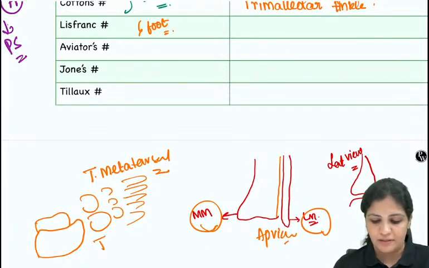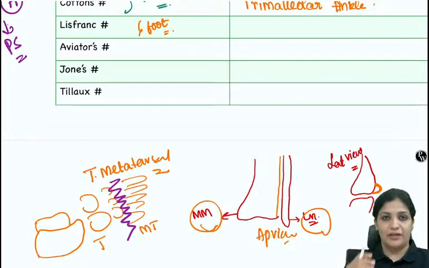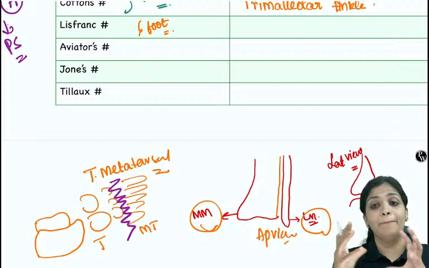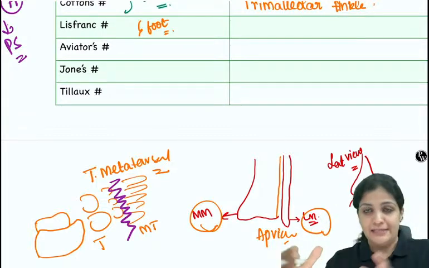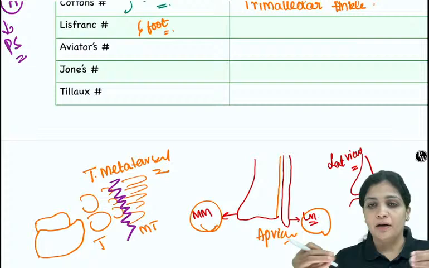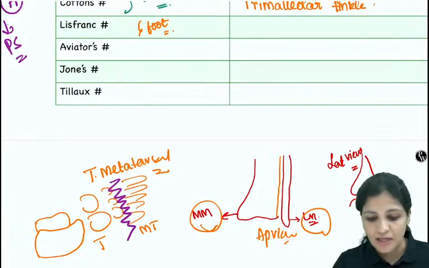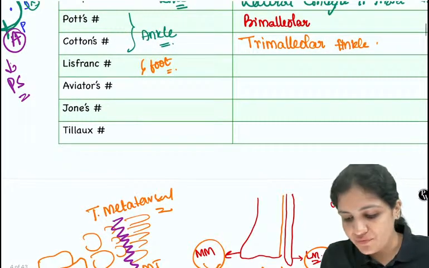These are called the tarsals, and these are called the metatarsals. Whenever there is a fracture or dislocation at the junction of the tarsal bones with the metatarsals, that is called the Lisfranc fracture.